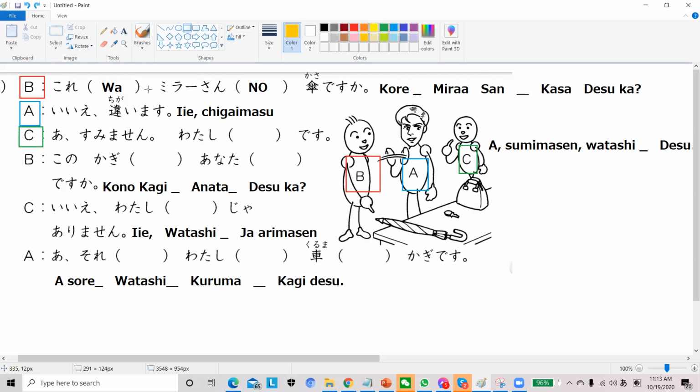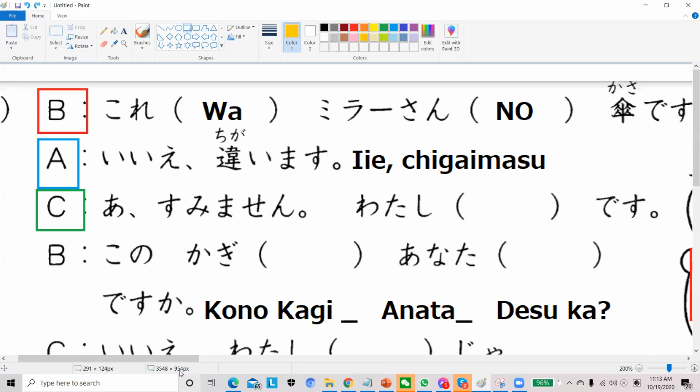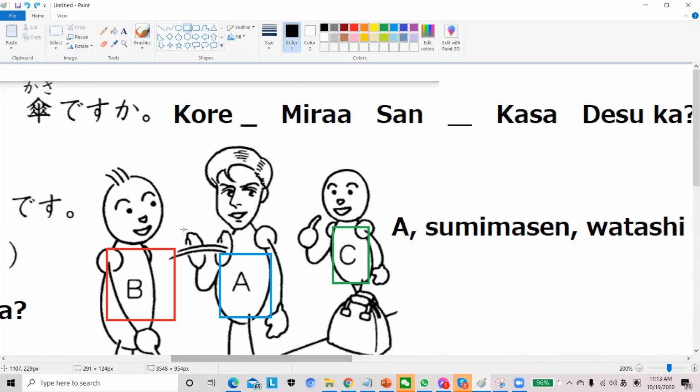If you see the gesture of the hand, it says here iie. In Japanese, the gesture of saying no is they do this with the hand, waving it in this position.